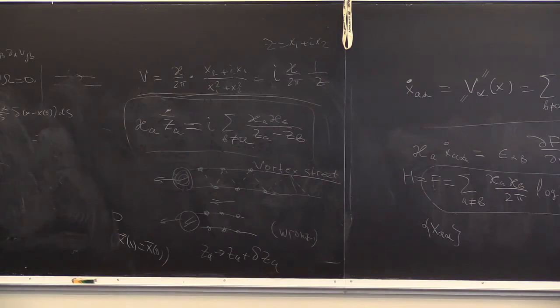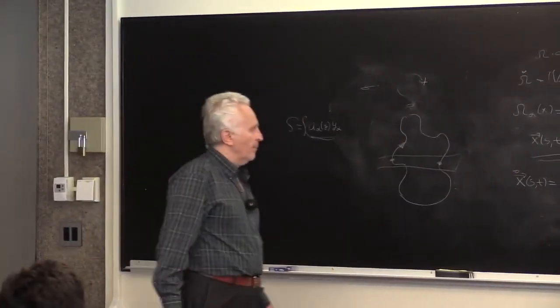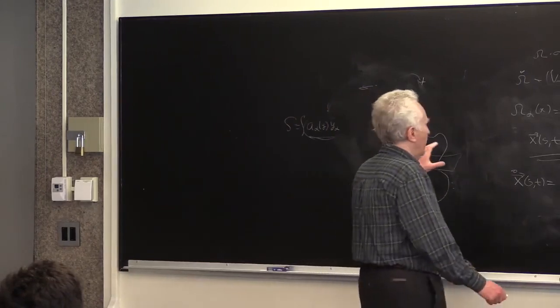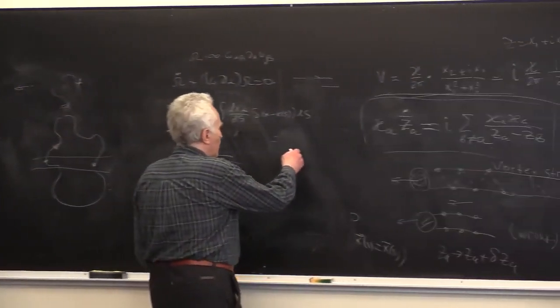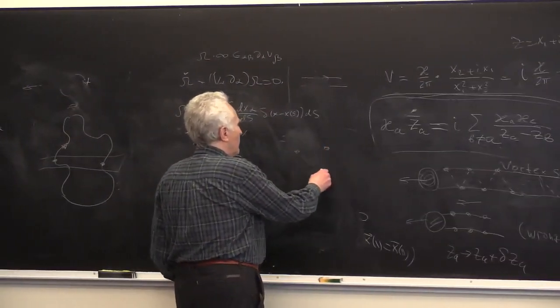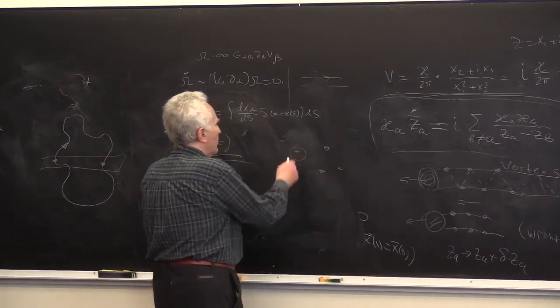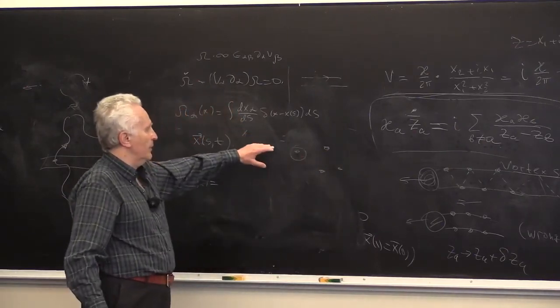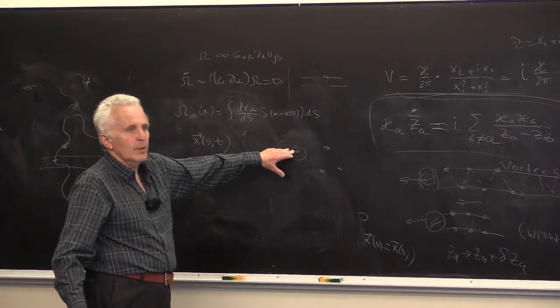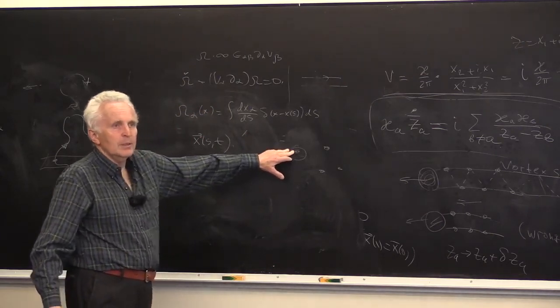Well, so what should be the idea? Try to remember when we had two dimensions, how we derived the motion of a single vortex. What did we do? What did we say?